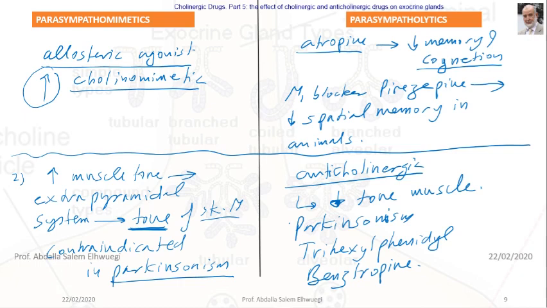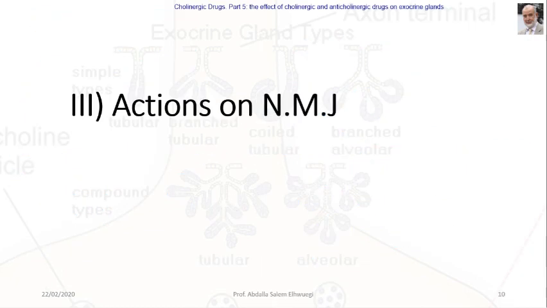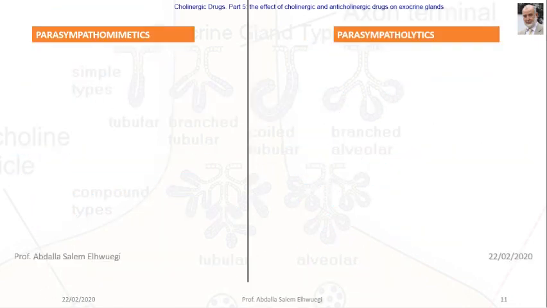So what are their clinical applications related to the neuromuscular junction? Of course, the neuromuscular junction contains only nicotinic receptors.